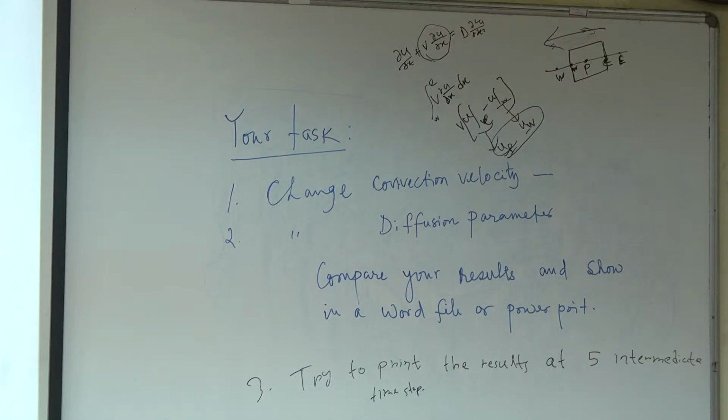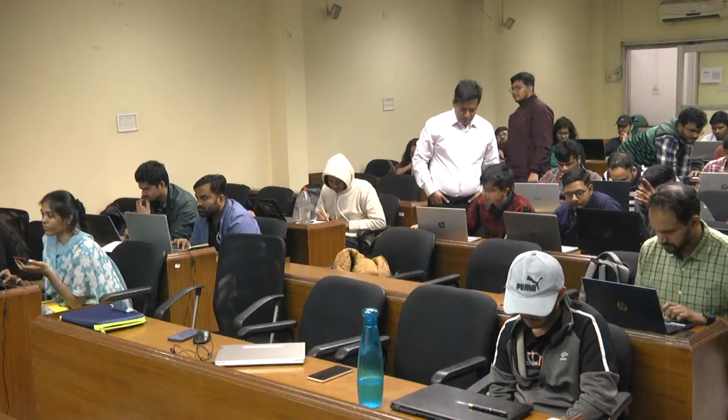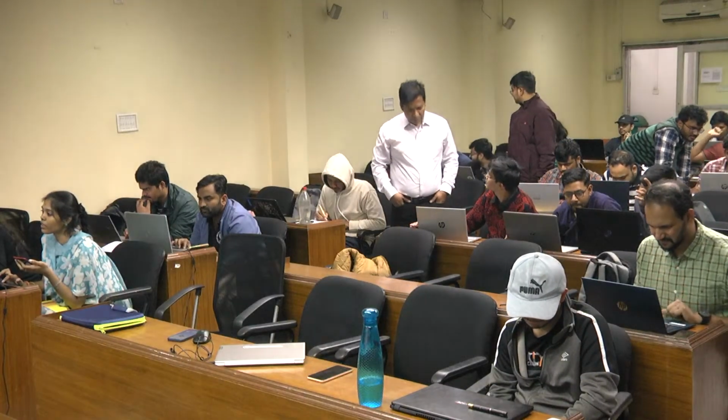When you play with the time step and the mesh, try to see the alpha value. If the alpha value is less than a half, you have to check it. You see the alpha value. Yeah, that's satisfying.